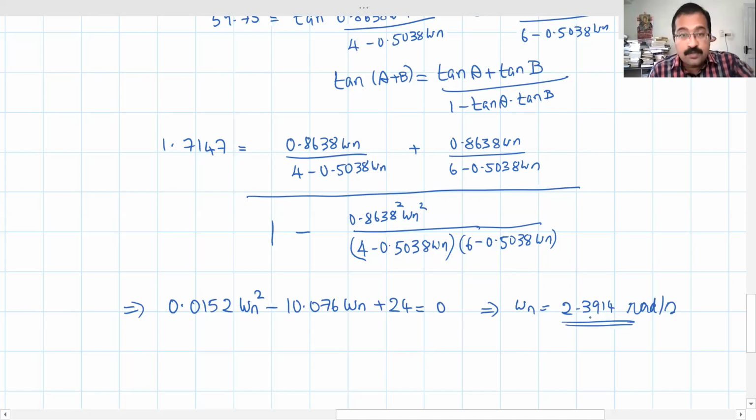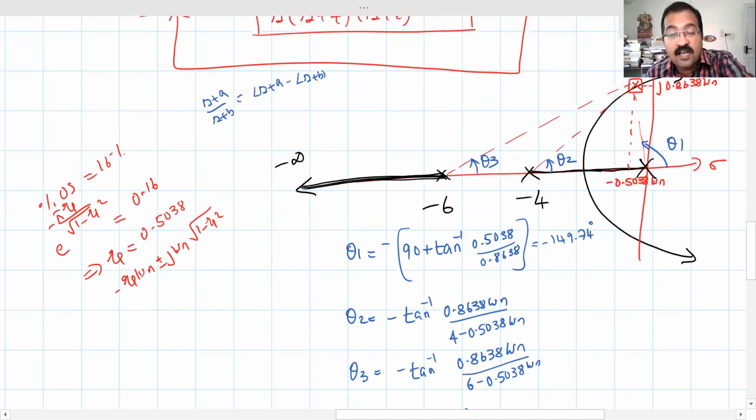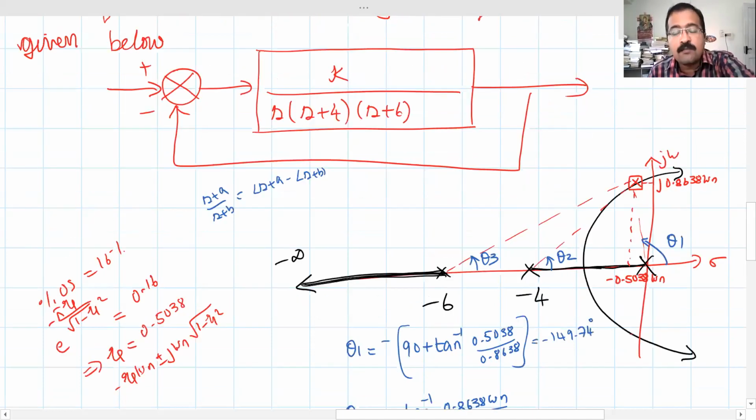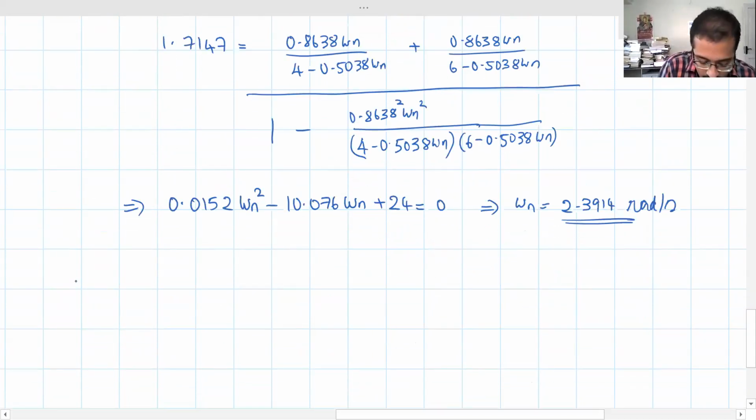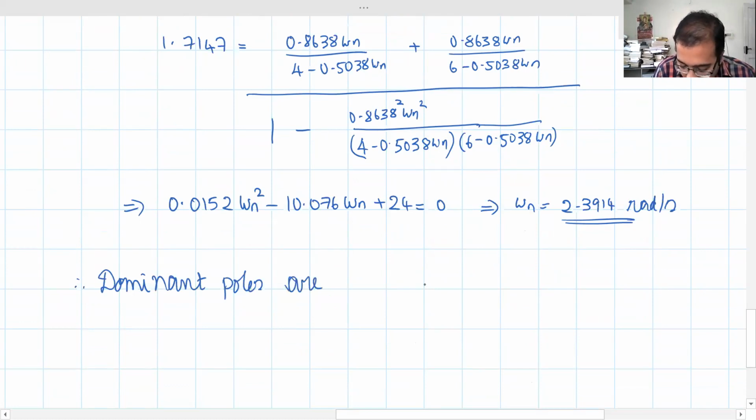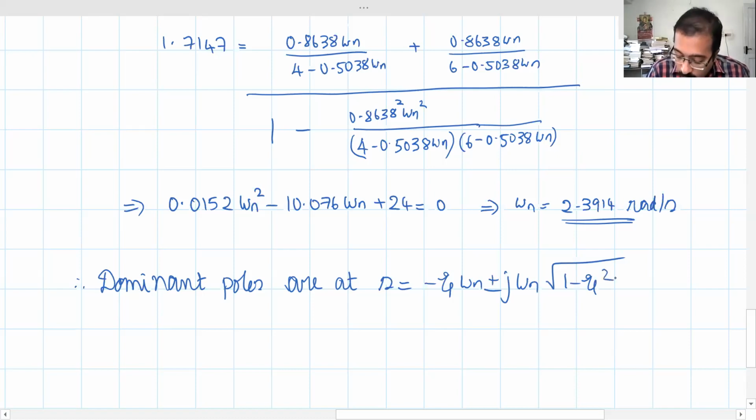Okay, so now you see our dominant pole was unknown because omega n we didn't know. So what will be the actual dominant pole? We can substitute that. Therefore, dominant poles are at S equals minus theta omega n plus minus j omega n into root of 1 minus theta square.